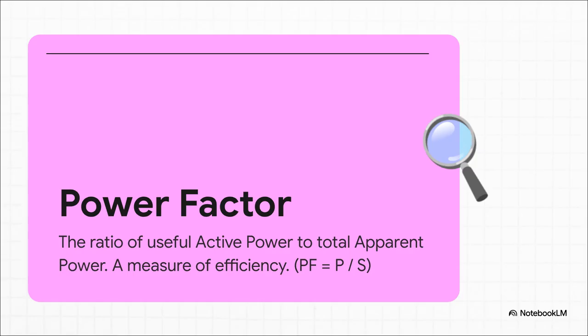That's where the power factor comes in. Think of it like an efficiency score, from 0 to 1. It's just the ratio of your useful active power to the total apparent power. A power factor of 1 is perfect. It means 100% of the power is useful chips. A power factor of, say, 0.7 means only 70% of the power you're drawing is doing any real work.